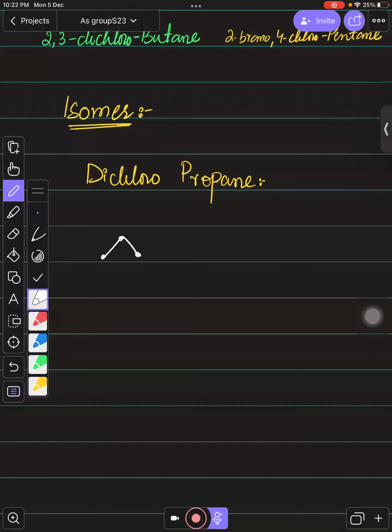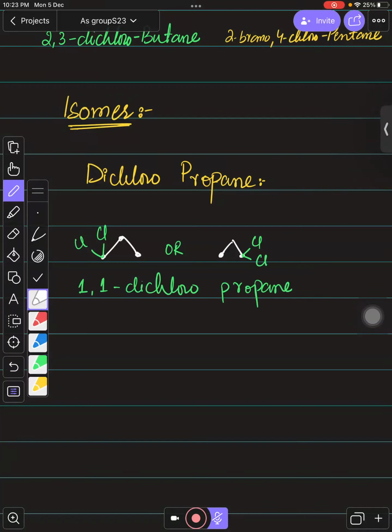If I place both the chlorines on the first carbon or on the last carbon, both are the same thing, right? Both the chlorines are over here, so you can say that this is 1,1-dichloropropane. This is one of the structures that you can draw, right?